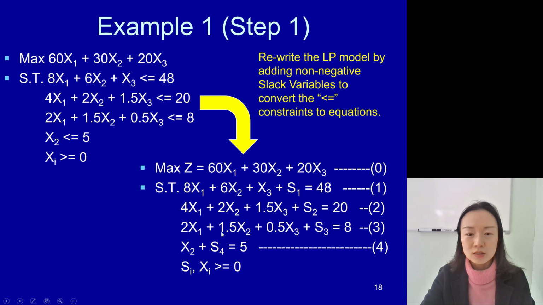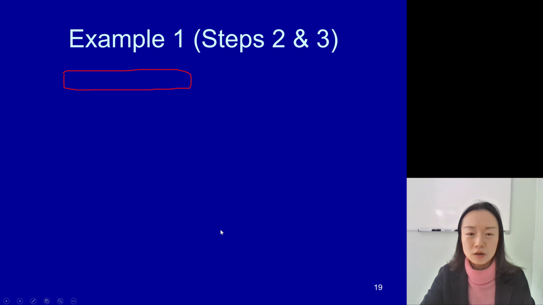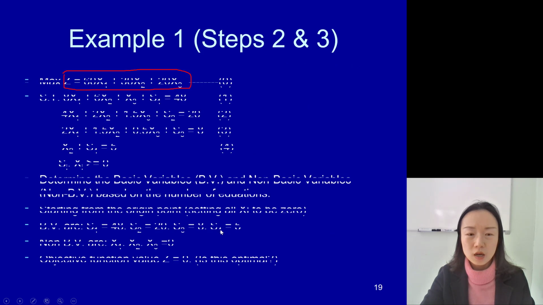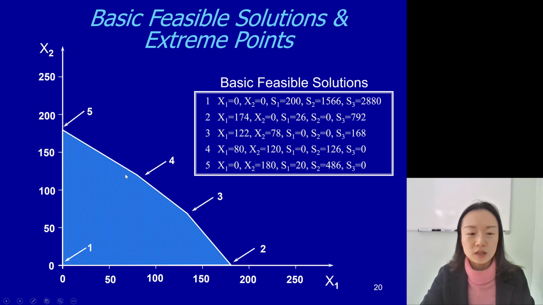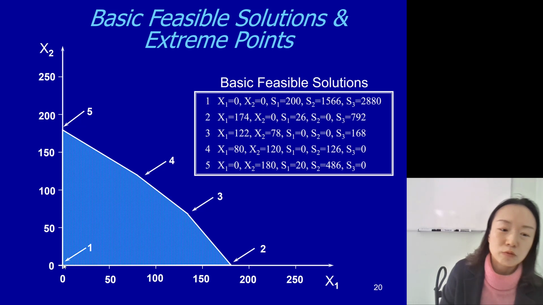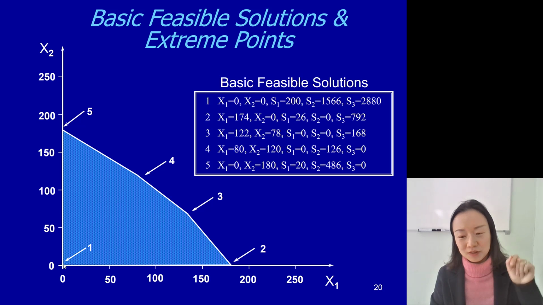And know that graphically, just think in your mind that we start from the origin point, the 0, 0 point. If we have, say, 4 decision variables, then we would start from that 0, 0, 0, 0 point, though we can't really draw it.